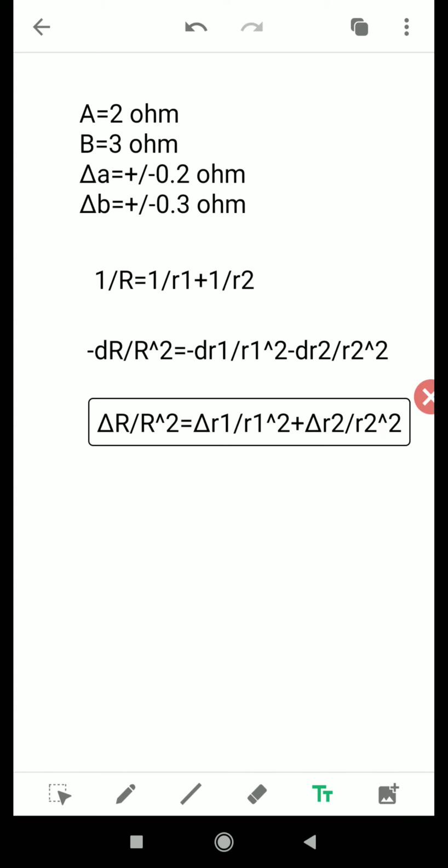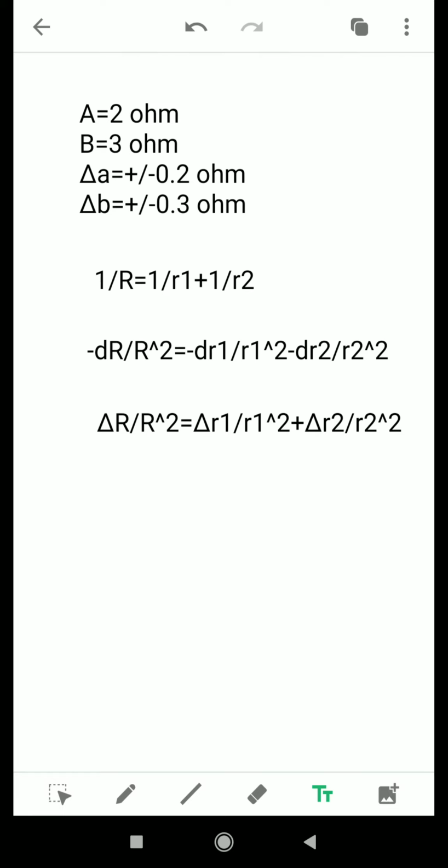From this, as there is del R by R square, the R in the denominator we take to the right side, so R will be multiplied with the whole right side of this equation.